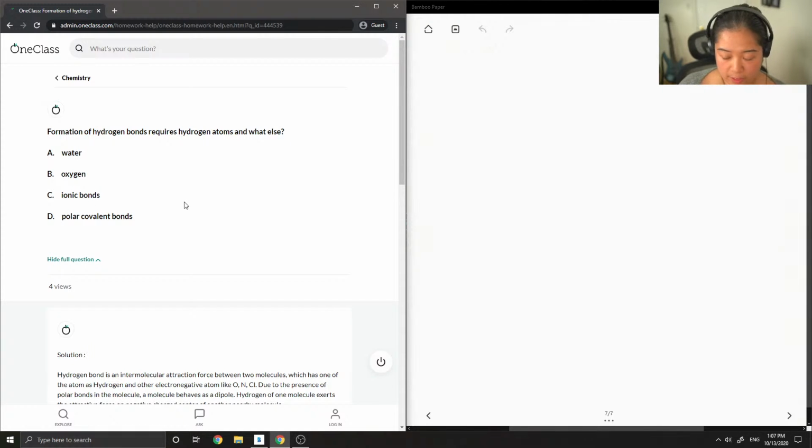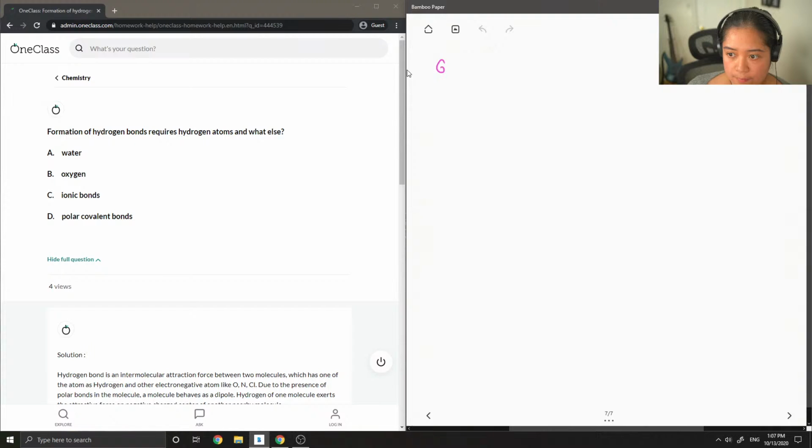Okay, so on to question number 6. So the formation of hydrogen bonds requires hydrogen atoms and what else? Water, oxygen, ionic bonds, or polar covalent bonds. So we know the answer is not A, and that's just because you don't always need water to form hydrogen bonds. Same thing for B. You don't need oxygen to form hydrogen bonds.